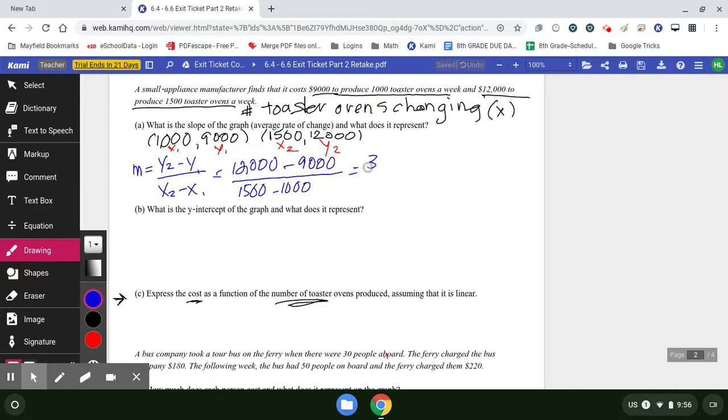Do the subtraction, I get 3,000 on the top, 500 on the bottom. 3,000 divided by 500 is 6. So 6 what? Well, if I look at the actual numbers, the top number is the money, and the bottom number is the number of toasters. So it costs $6 per toaster.